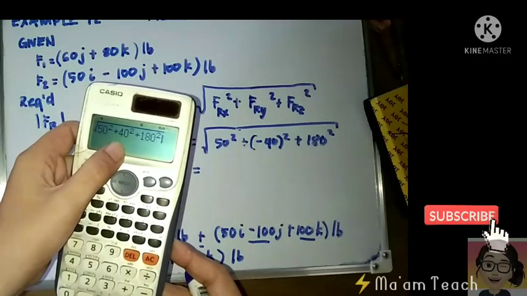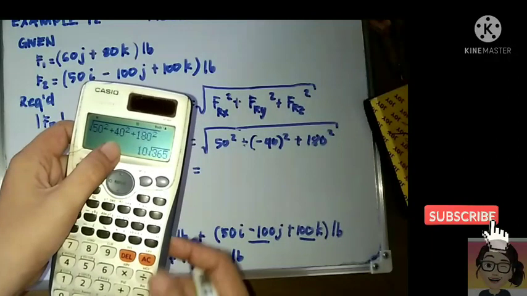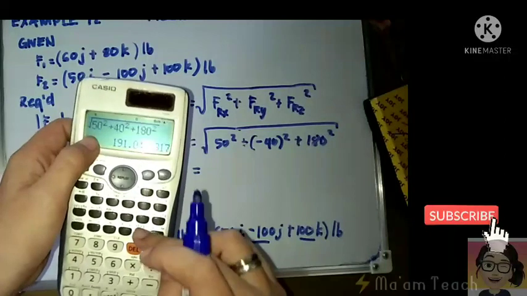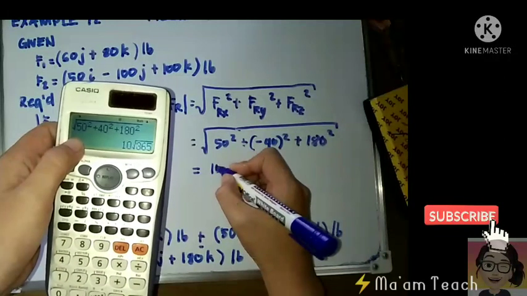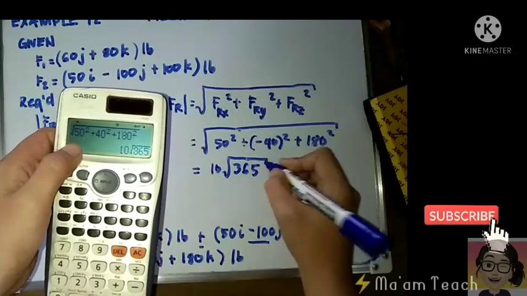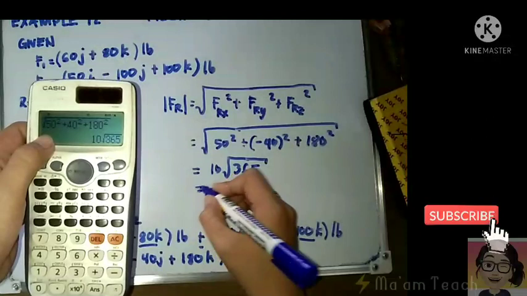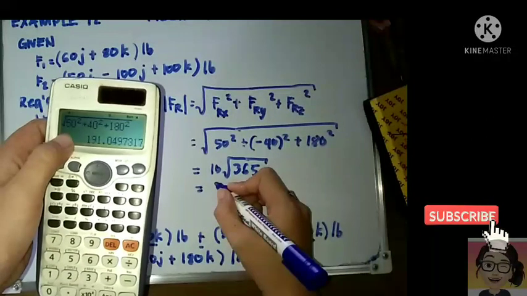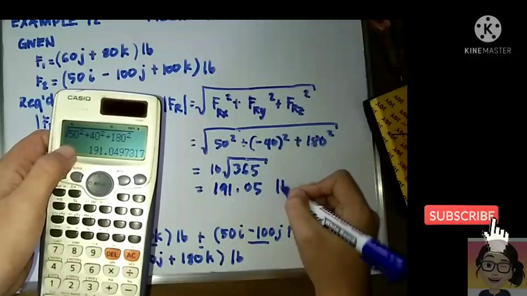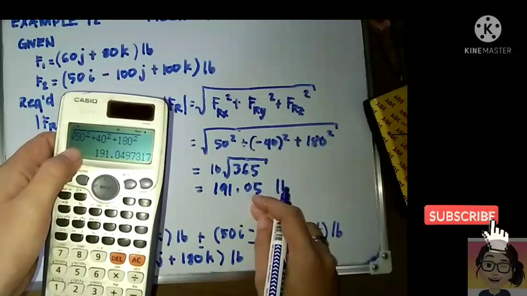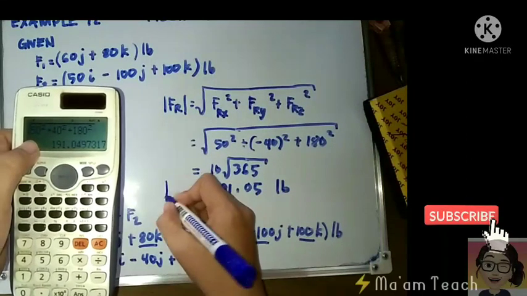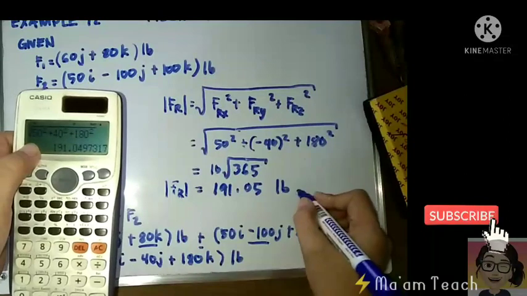So 50 squared, 40 squared, 180 squared, we have 191.05 pounds. So this is already, class, our magnitude.